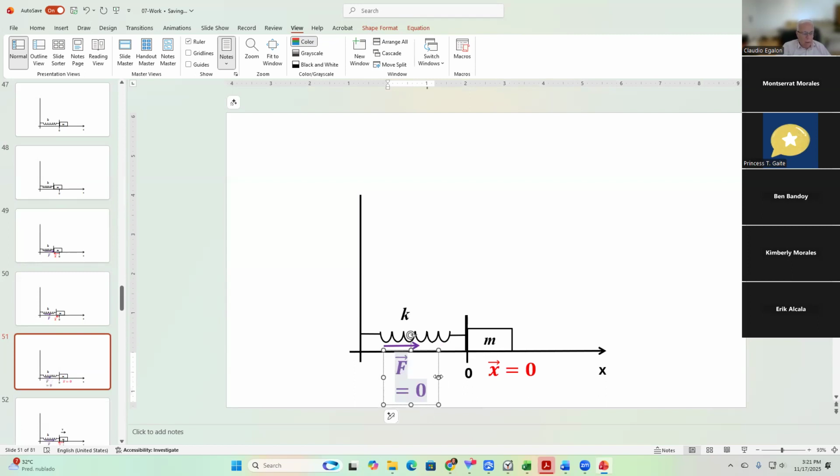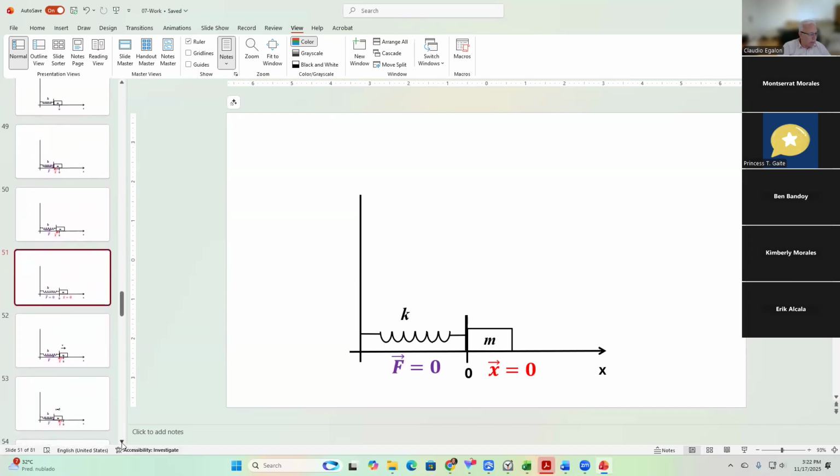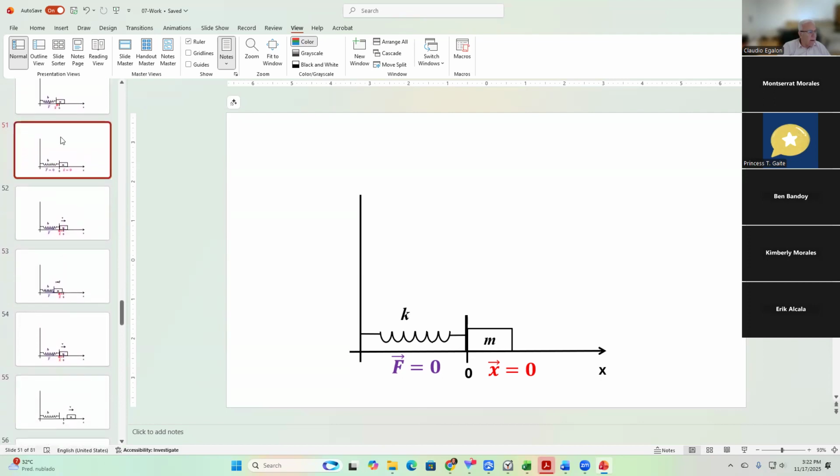There is no force vector here. But then, at this very instant of time, just a little bit afterwards, the mass is going to detach from the spring, from the plate.